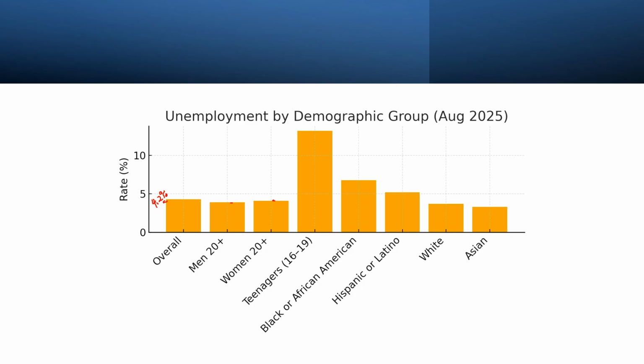It's not bad. Teenagers 16 to 19, well, they tend to have a high unemployment rate. And that might be because they're busy with college or simply lack of skills. They want a job, but they can't find a job because, well, they're young and they don't have any work experience.